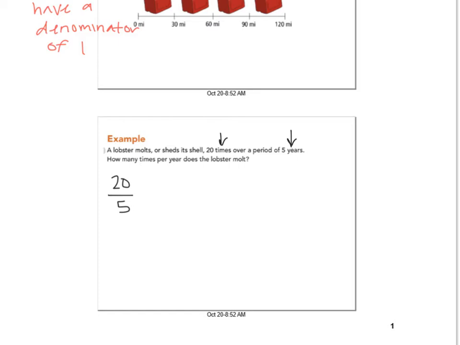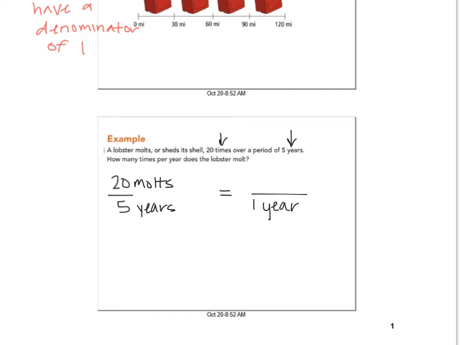Labels are key when you're dealing with rate. That's how we know that we're comparing two quantities. So 20, and this is going to be molts, over 5 years, or per 5 years. So now we need the denominator to be 1 year.